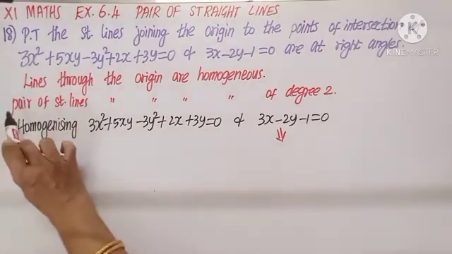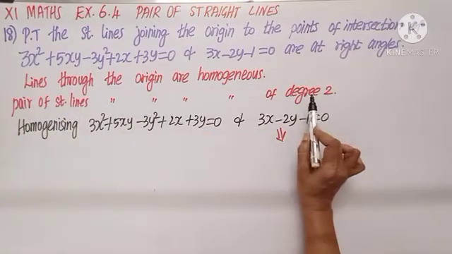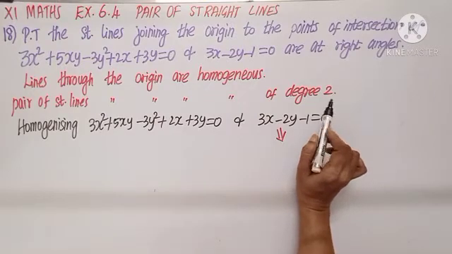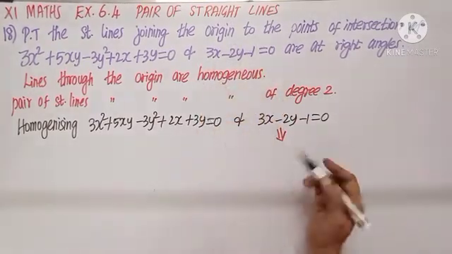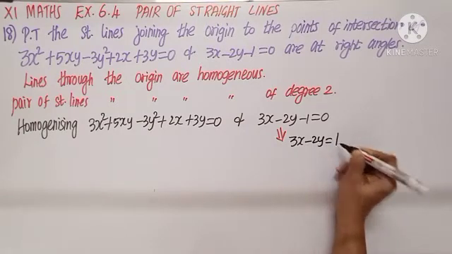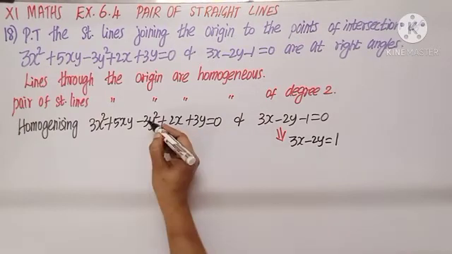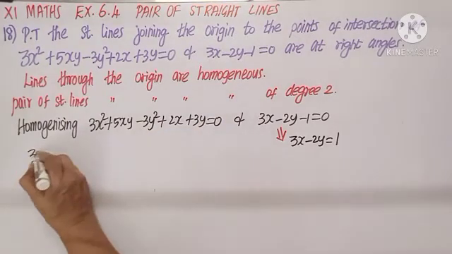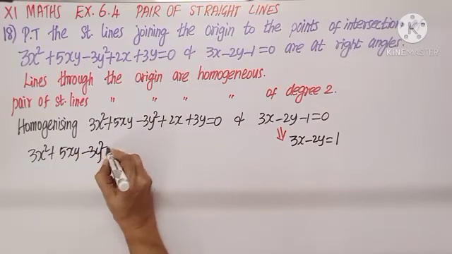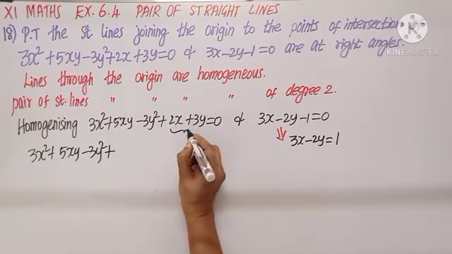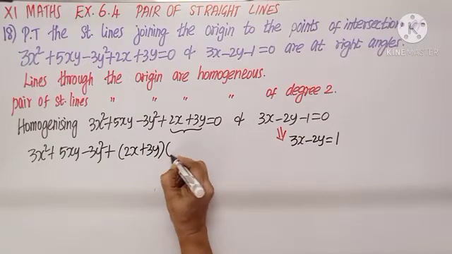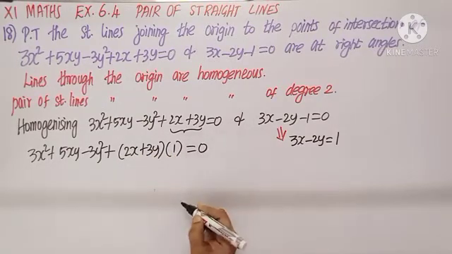Because it is a pair of straight lines, we try to achieve degree 2. How to get it? From the second linear equation, I get 3x − 2y = 1. The given straight lines 3x² + 5xy − 3y² + ... these two, I can write (2x + 3y) into 1 equal to 0.